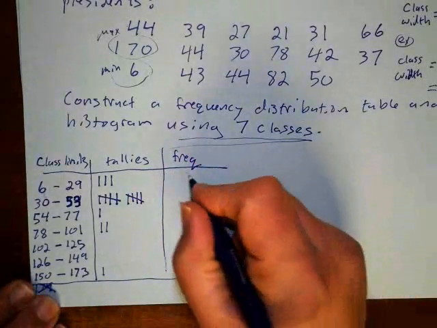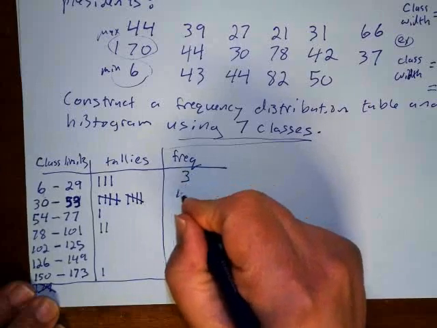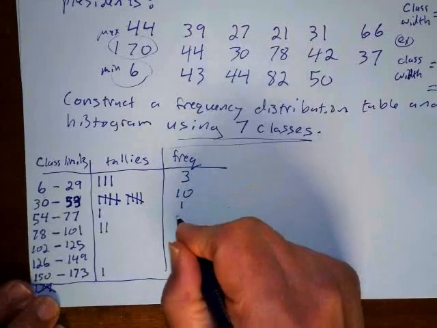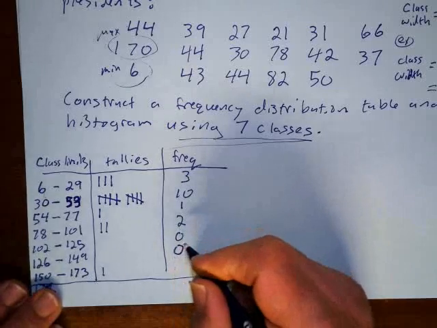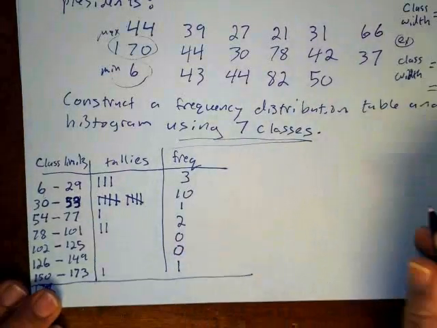And so it'd look like that. So my frequency here would be 3, 10, 1, 2. It looks like I would have 2 classes that don't have any data, and then 1.